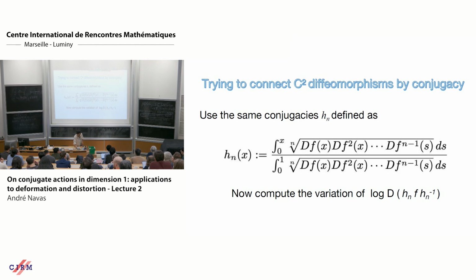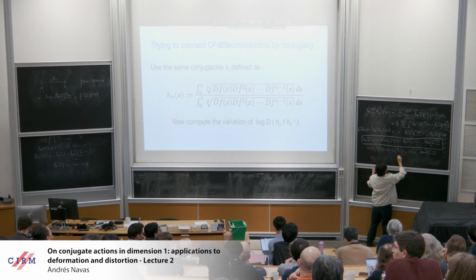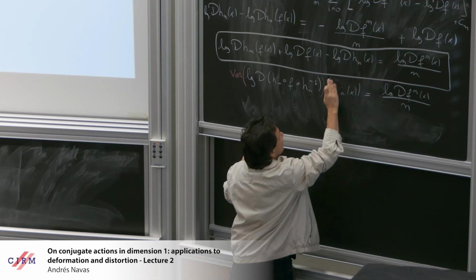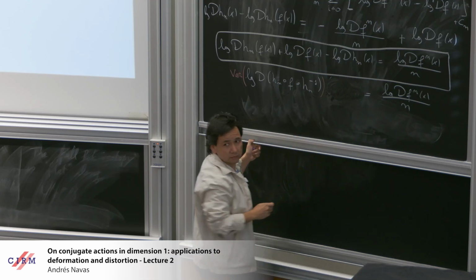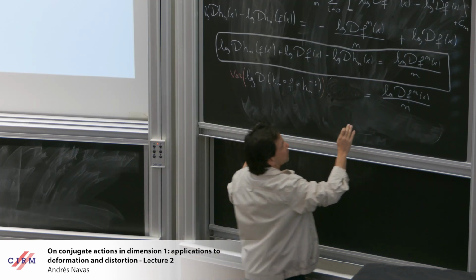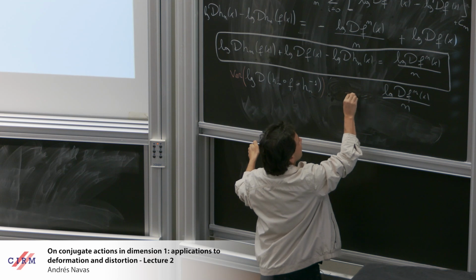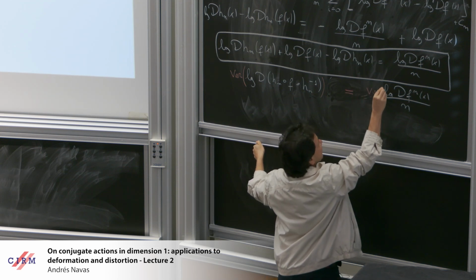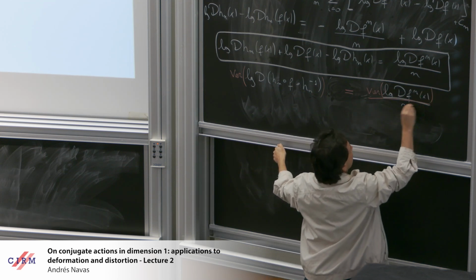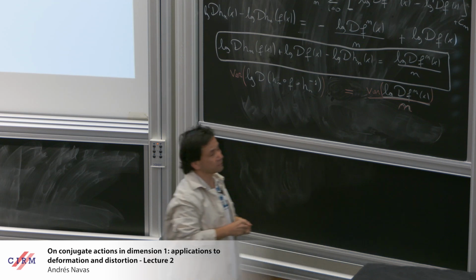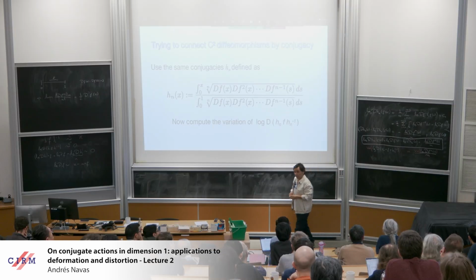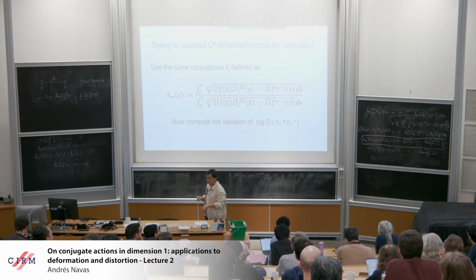And the outcome is that the variation of this, well, something which is very nice with the variation is that it doesn't depend on change of coordinates. It's equal to the variation of this divided by n. Okay? And again, this is an exact formula.